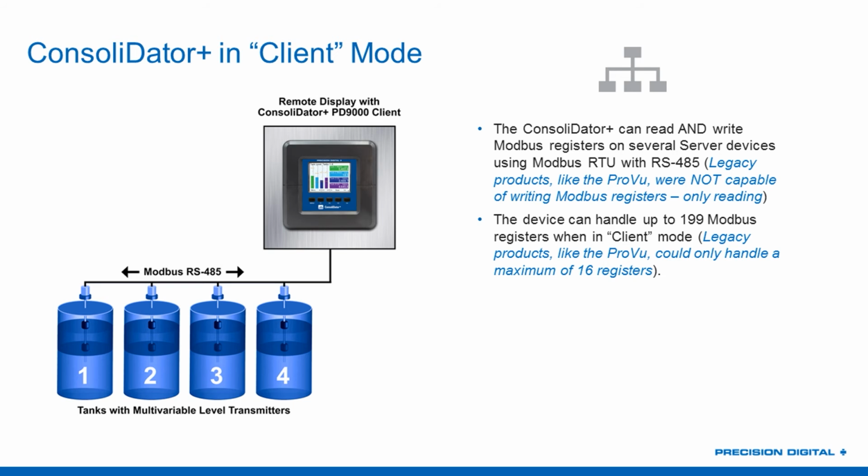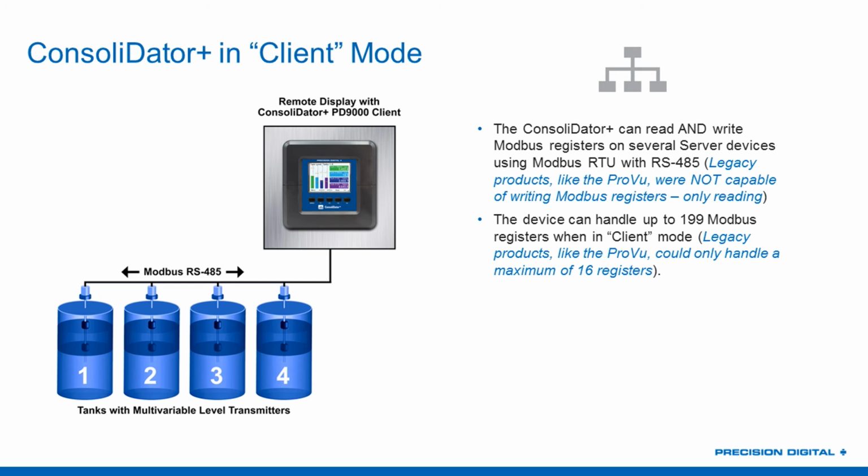The reason I mention this is because that's what most people are going to use Modbus for with our products, requesting information from field devices. So if you have a bunch of level sensors or flow meters out in the field, the ConsoliDator Plus can request all that information, gather it for you, and display it up on the screen there.